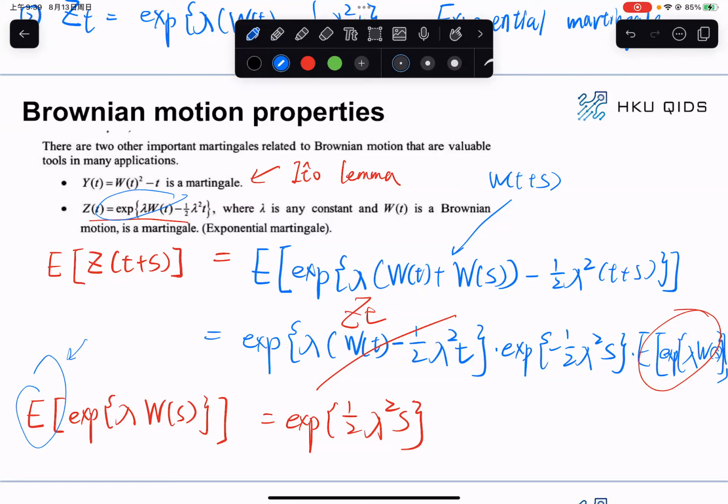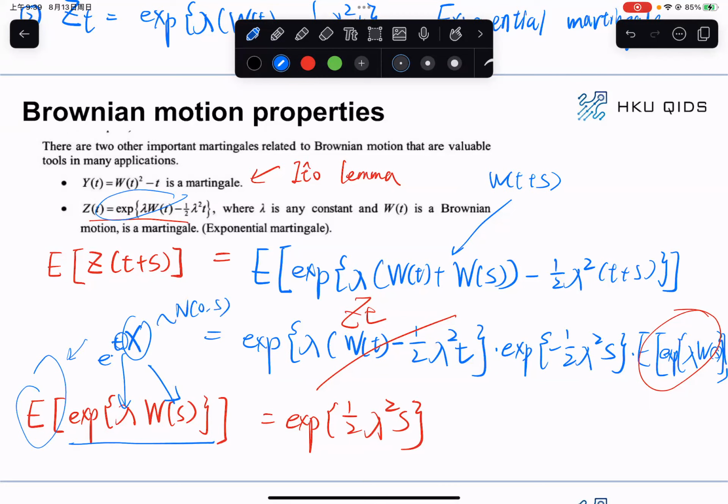This is exactly E[e^{tX}], the format of the moment generating function, with t here and X following a normal distribution.